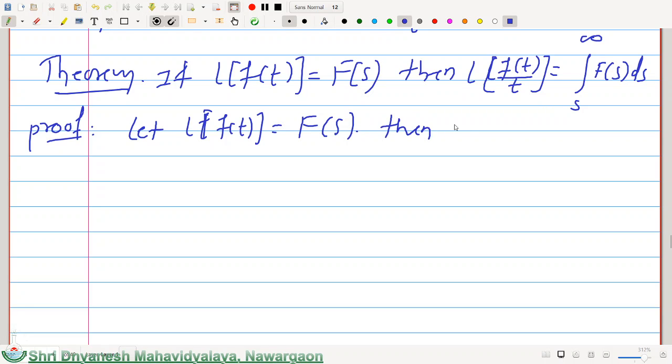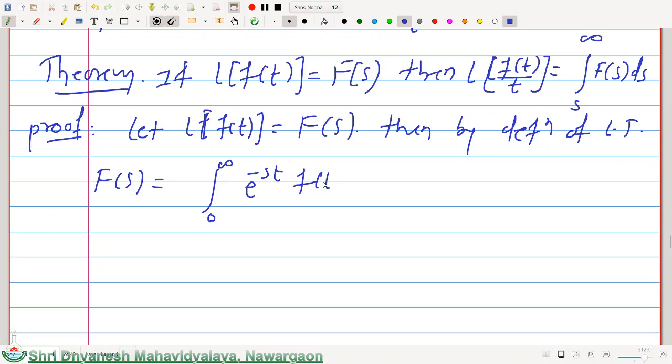Then by definition of Laplace transform, we have F of s equals integration 0 to infinity e to the power minus st f of t dt. Give it number 1. We have to prove the Laplace transformation of f of t by t is equal to integration s to infinity F of s ds.